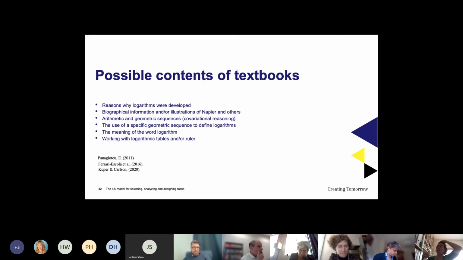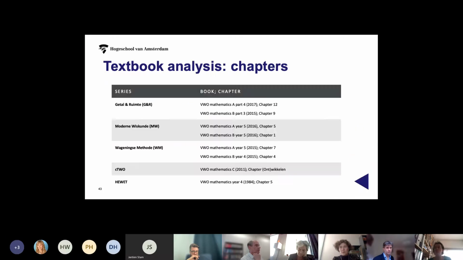You could say something about the meaning of the word logarithm, and finally, you could use logarithmic tables as they did back then, or use the logarithmic ruler that was used in education also in the Netherlands until quite some time in the 20th century. So these 6 elements, I looked for these 6 elements when I did a textbook analysis on the logarithms.